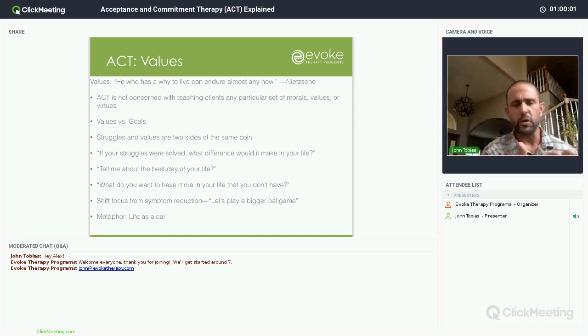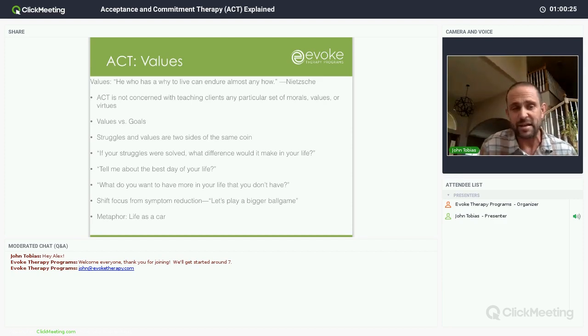Well, if we view struggles and values as 2 sides of the same coin, and I have social anxiety on one side, if I just flip it over, it points to the value of I want to be connected. I want to be connected socially in healthy ways.